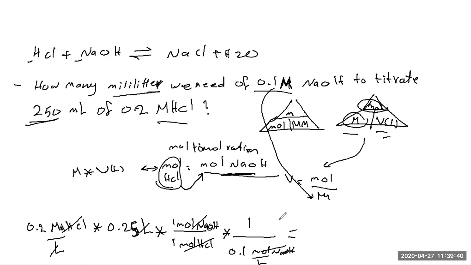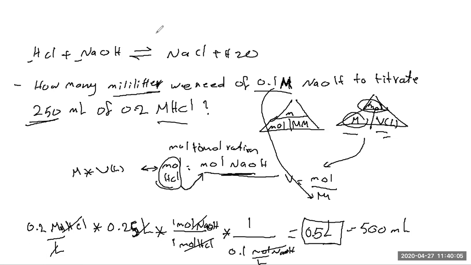So you will get 0.5 liter. So be careful, guys. This is 0.5 liter. They are asking for milliliter, so it will be 500 milliliter. So we need 500 milliliter to titrate the HCl.